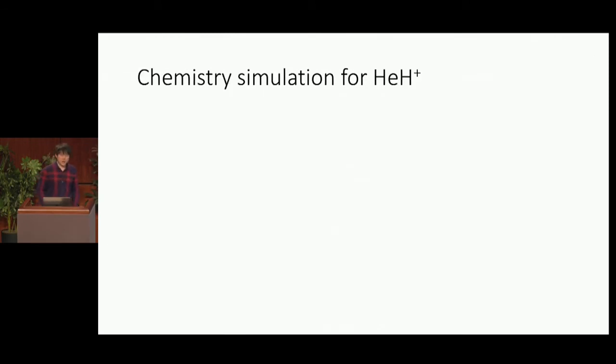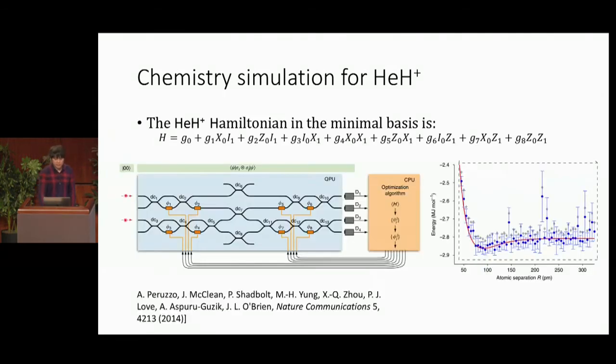We also consider the simulation for the helium-hydrogen molecule. Here is the Hamiltonian, and here are the circuit realization and the result from this paper. You can see that the noise in the circuit indeed affects the simulation result.